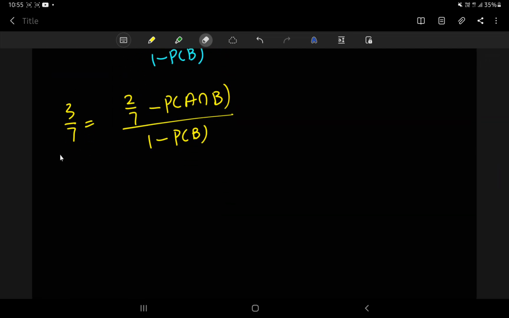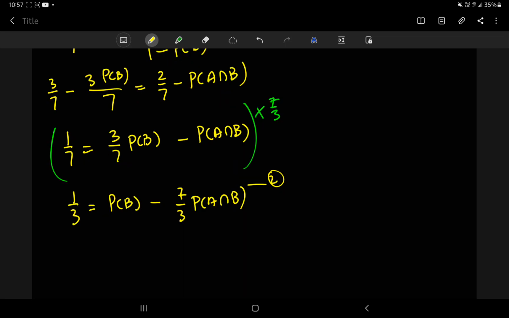It's 3/7, so I bring the denominator to the left hand side and multiply it: minus 3 P(B) over 7 equals 2/7 minus P(A intersection B). So let's simplify this, and it becomes like this.